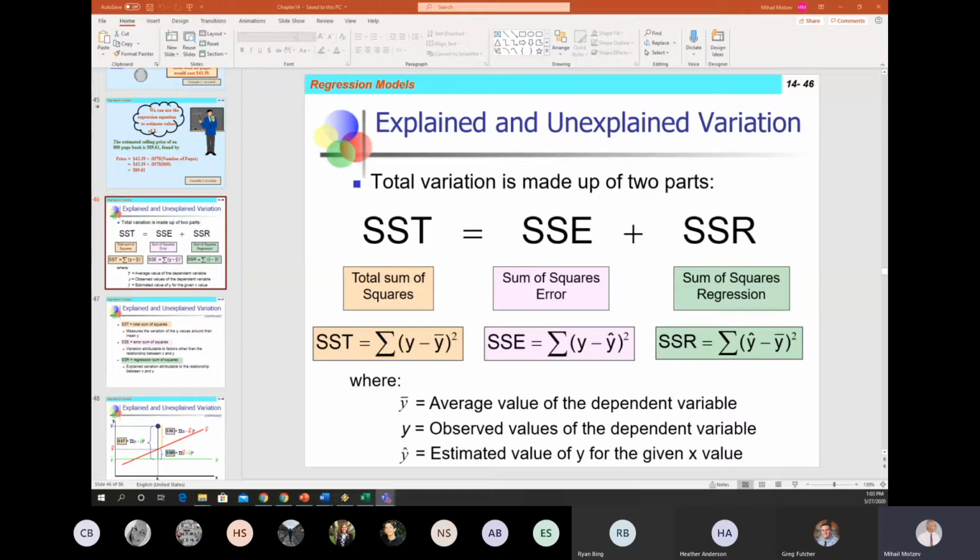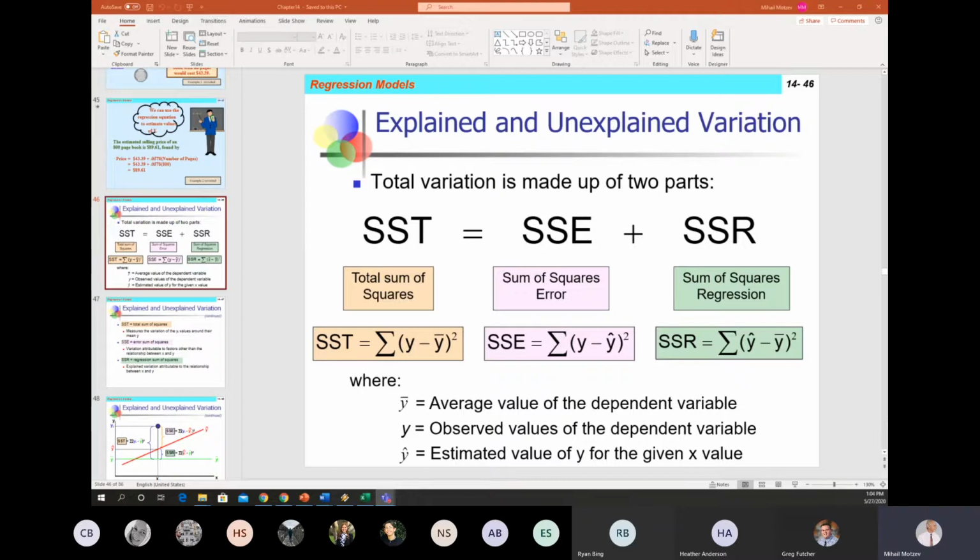Today, in this discussion, we'll add two new terms. The explained part of the variation we'll call the sum of squares due to regression, or explained variation with the regression model. The unexplained will remain as unexplained, or random, or sum of squares due to error.